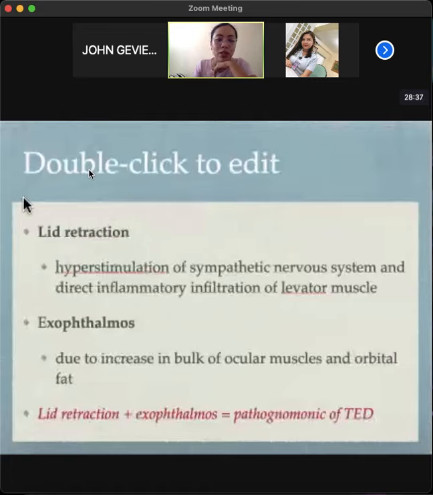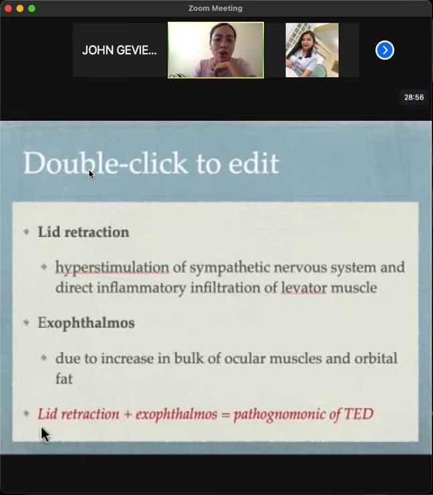Again, lid retraction happens because of hyperstimulation of your sympathetic nervous system and inflammation or infiltration of your levator muscle. However, exophthalmos, again, is due to the bulk of ocular muscles and orbital fat.